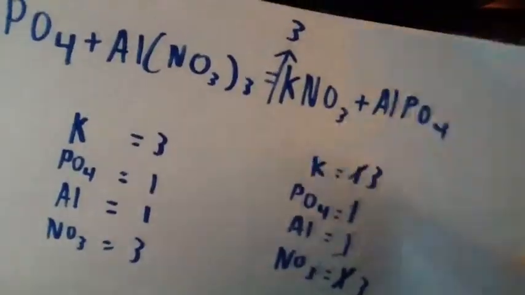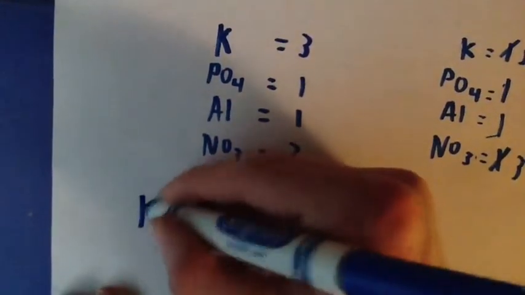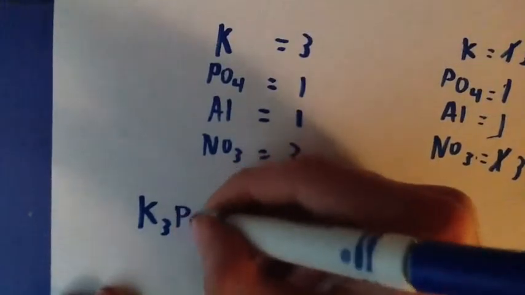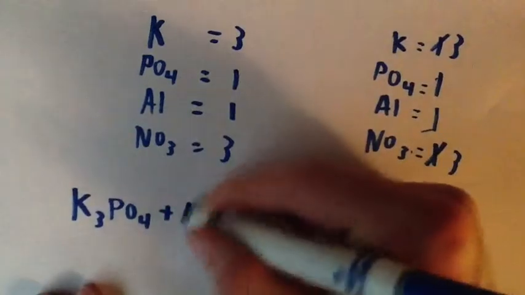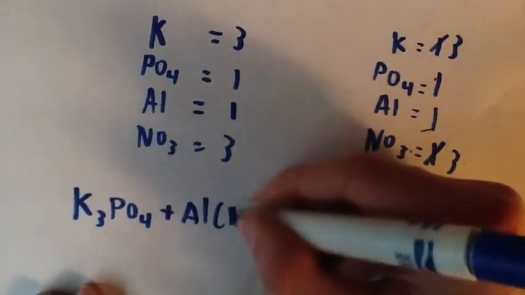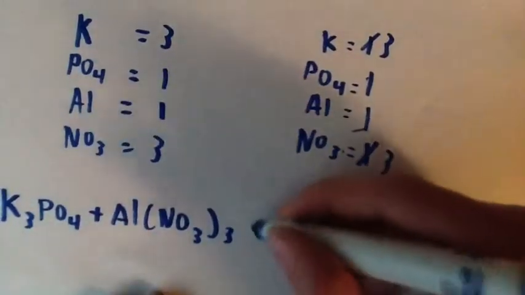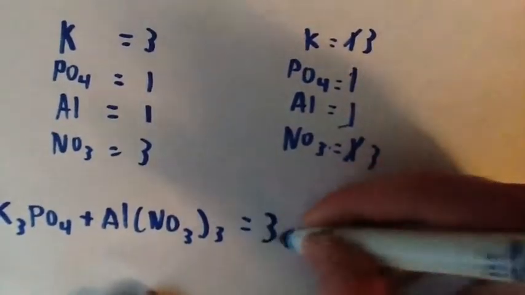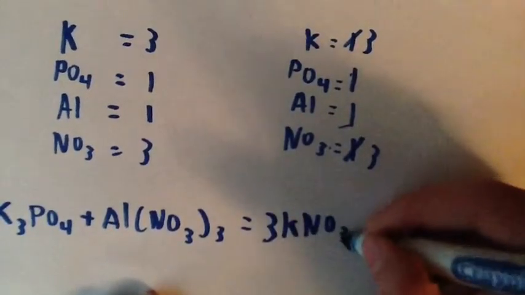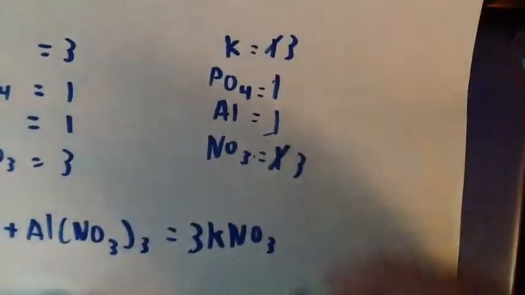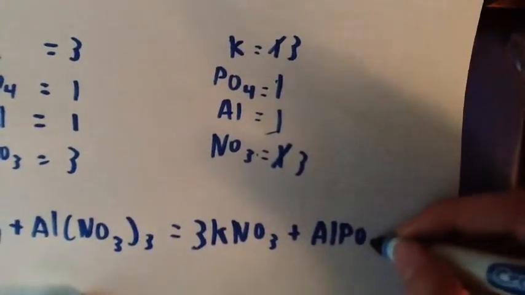So now, if we write it down here, it would be K3PO4 plus aluminum nitrate equals, and here we add the 3 KNO3 plus AlPO4.